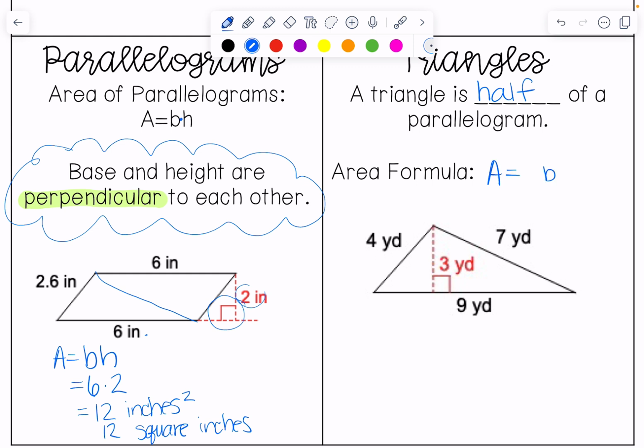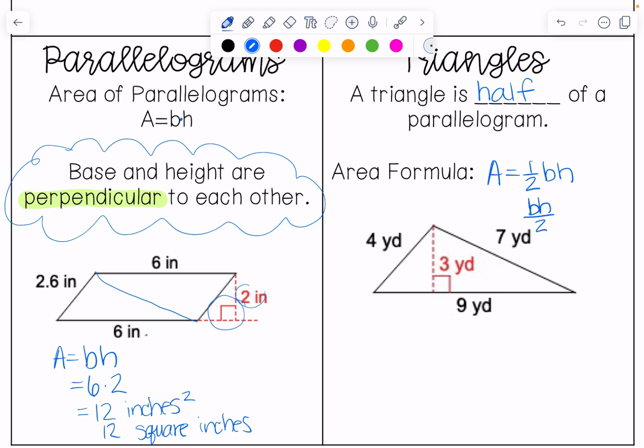If the parallelogram formula is base times height, our triangle formula, the area for a triangle, is 1/2 base times height. You might see it this way, or you could think base times height divided by 2. It depends on the numbers which way might be the easiest way to think of it. So here we have a triangle.